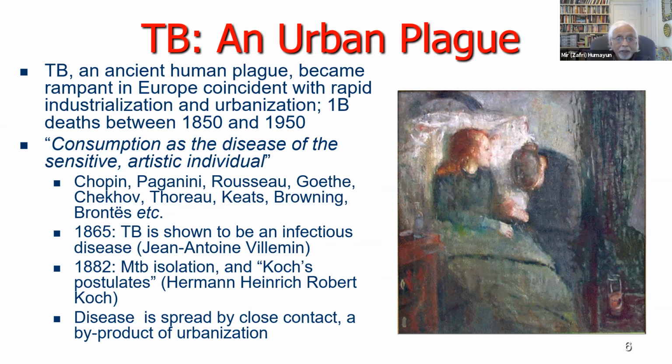Okay? Now, at one time in the 19th century, before Koch isolated the organism, it was fashionable to believe that consumption, which was the name given to TB, was the disease of sensitive artistic individuals.